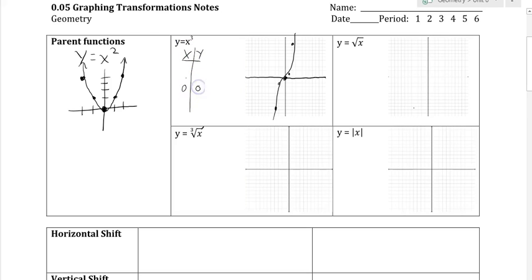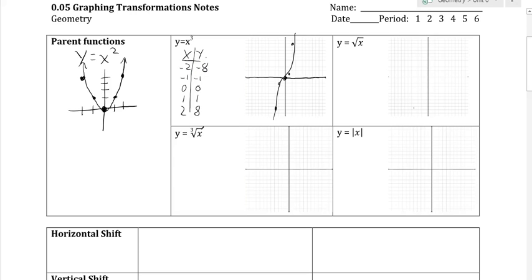Zero cubed is 0, 1 cubed is 1, 2 cubed is 8, negative 1 cubed is negative 1, negative 2 cubed is negative 8. So those are the 5 points.